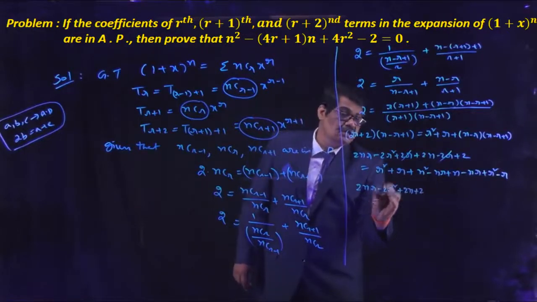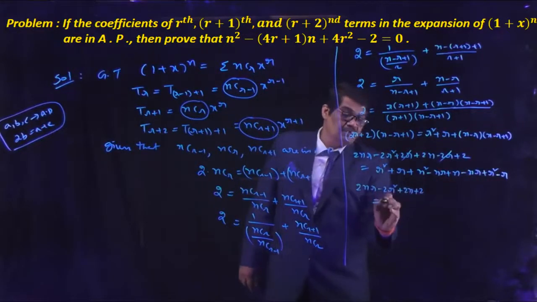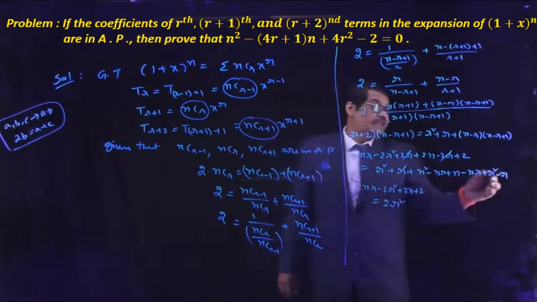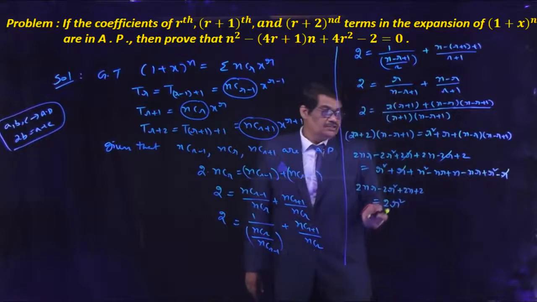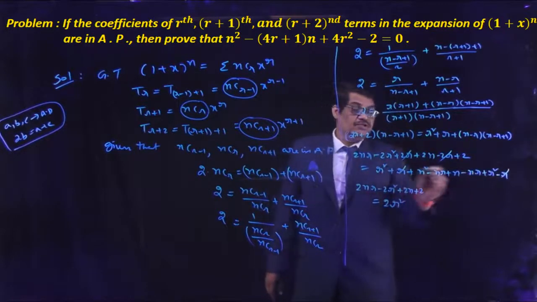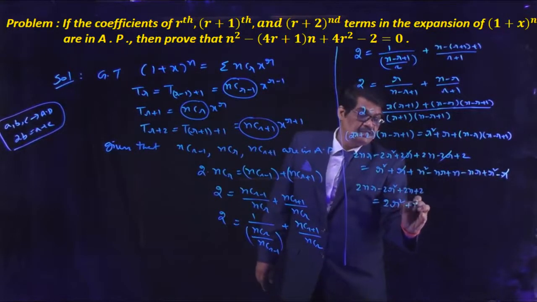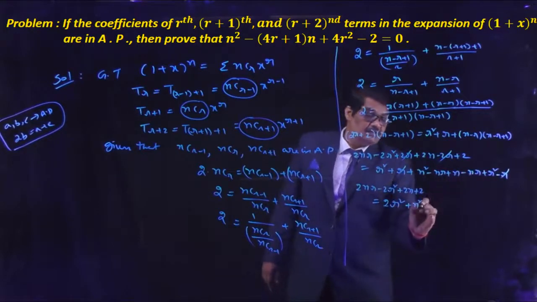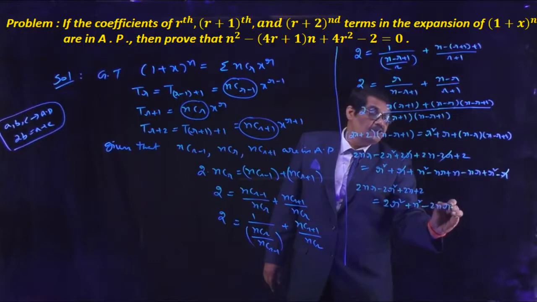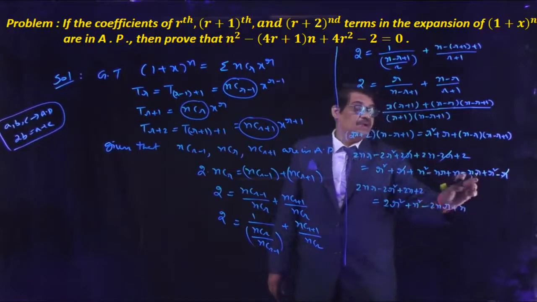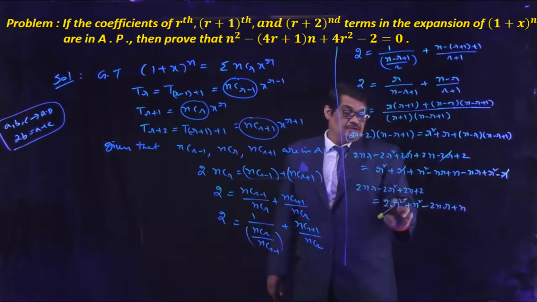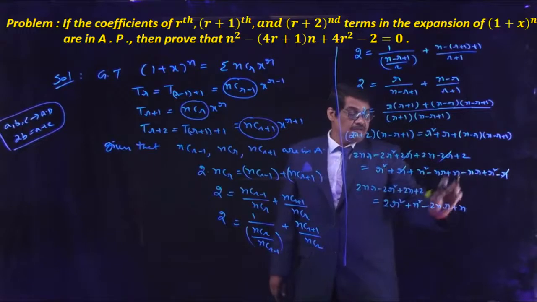And what is the RHS? Here r square plus r square, that is 2r square. Here plus r and minus r cancel. So r square plus r square is 2r square, plus n square, minus nr minus nr, that is minus 2nr, plus n.